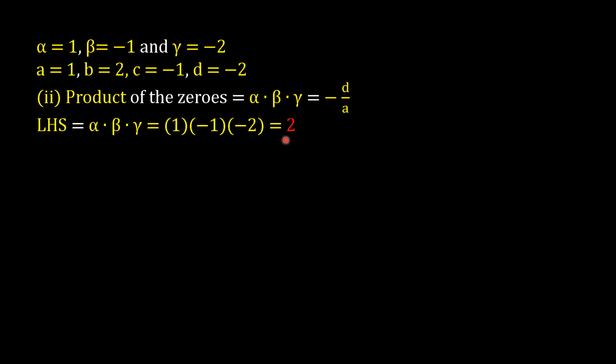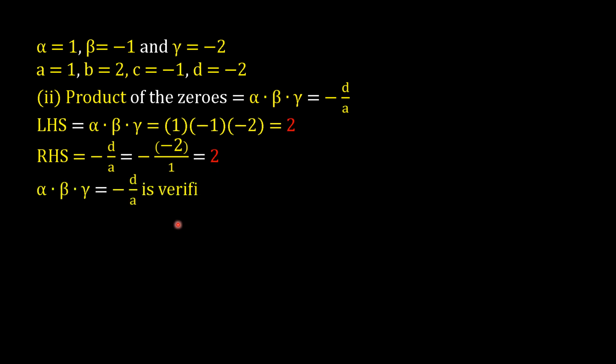So it will be 2. Right hand side will be minus d upon a. d is minus 2 and a is 1. So it will be 2. Since both LHS and RHS are equal, our relationship alpha beta gamma equals minus d upon a is verified.